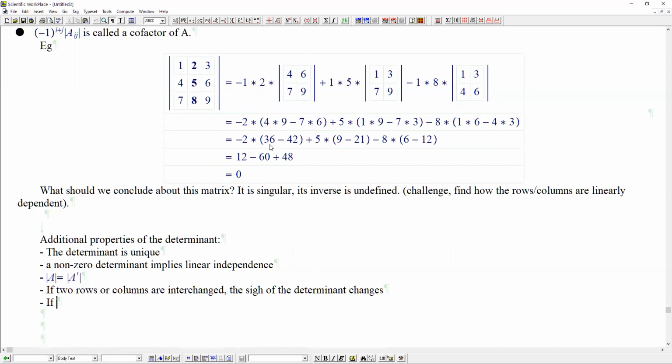If every value of a row or column is multiplied by a constant, the determinant is multiplied by that constant.